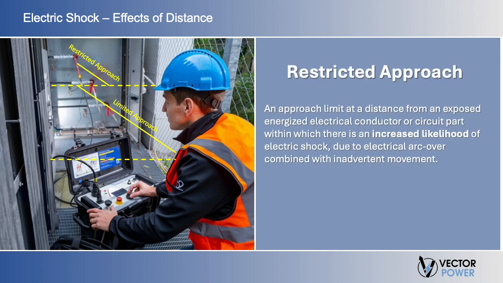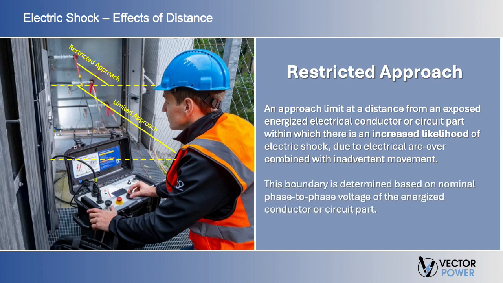The restricted approach is an approach limit at a distance from an exposed energized electrical conductor or circuit part within which there is an increased likelihood of electric shock due to electrical arc-over combined with inadvertent movement. This boundary is determined based on the nominal phase-to-phase voltage of the energized conductor or circuit part.